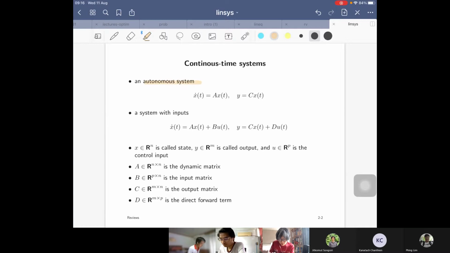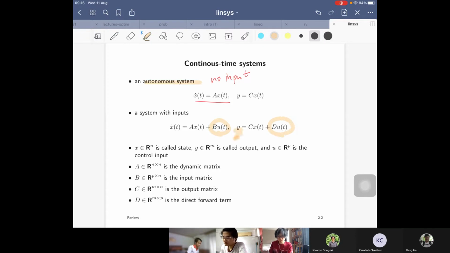For autonomous system, which means the system that can run independently by itself, there is no input. The system description is x dot equals A x(t), y equals C x(t). And the system with input, of course, you have the terms B u(t) and D u(t) in the state equation and the output equation.